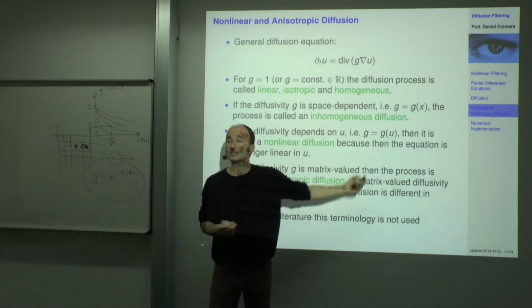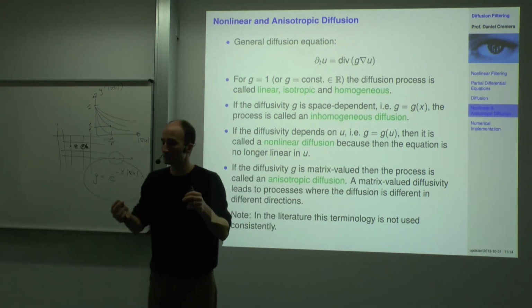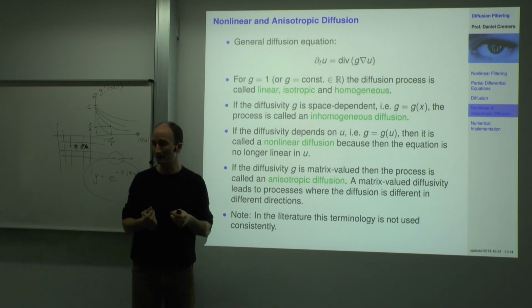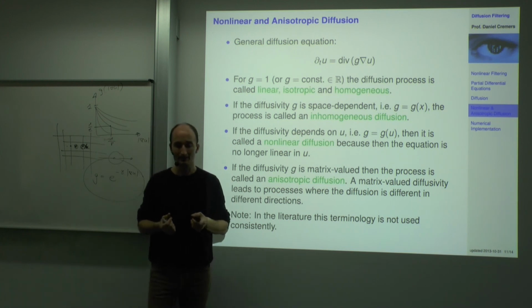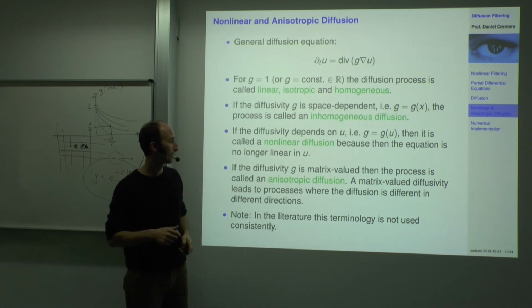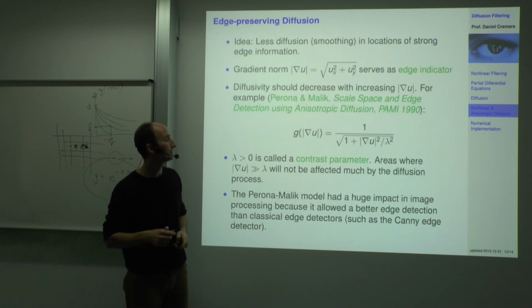So your G would be space dependent. It would be different in different locations of space, but it would be linear.